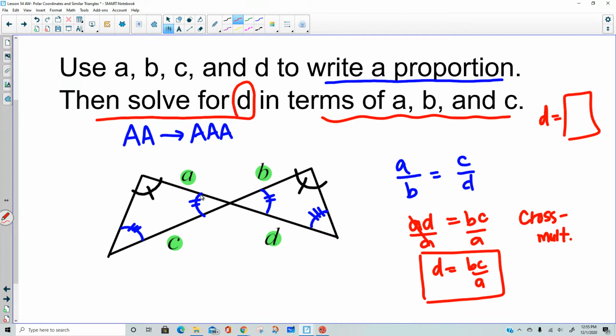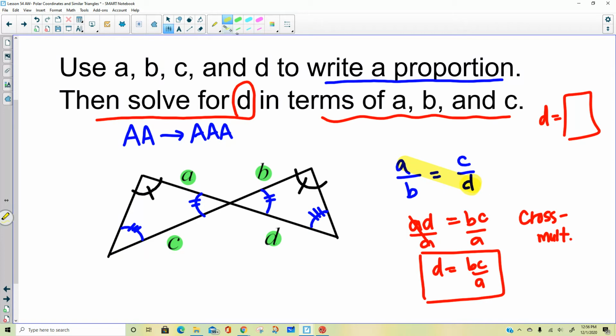And Rowan, did you have a question? Oh, you could, but then you would have 1 over D equals, right? You would have the reciprocal. Yeah. So oftentimes, yeah, and you know what? The other thing we've talked about, I just noticed this. Remember, with our trig stuff, if the variable we're solving for is in the denominator, if we have a proportion, we're allowed to swap along the diagonal, right?